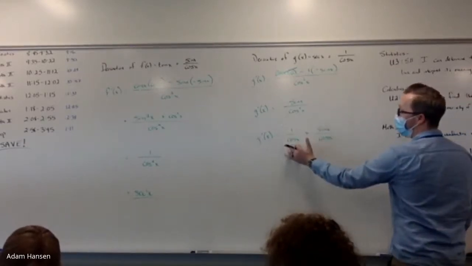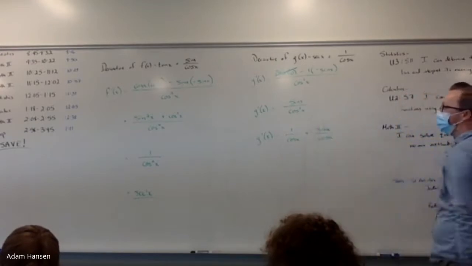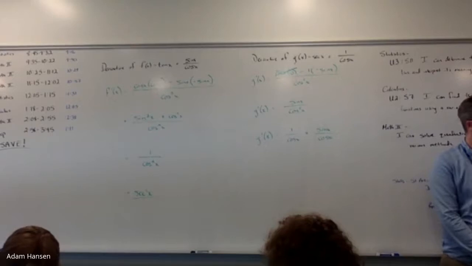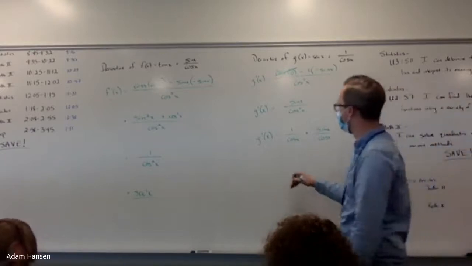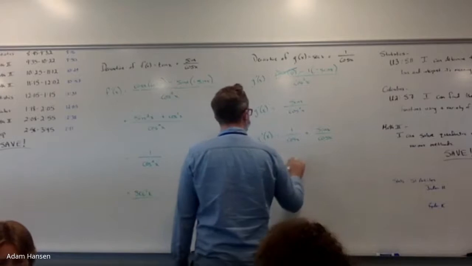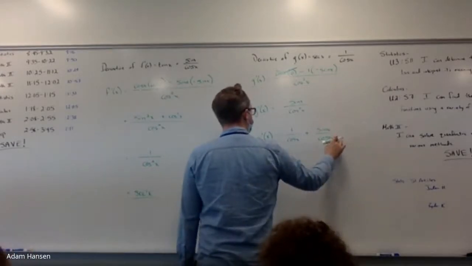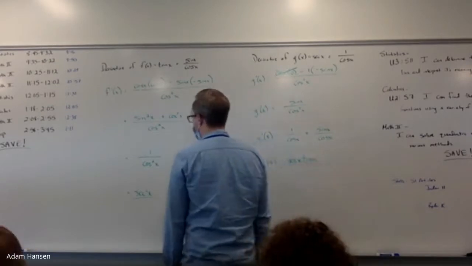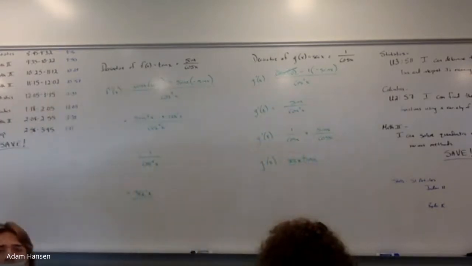So 1 over cosine times sine over cosine. 1 over cosine is the same thing as secant. Sine over cosine would be tangent. Derivative of secant x is secant x times tangent x.